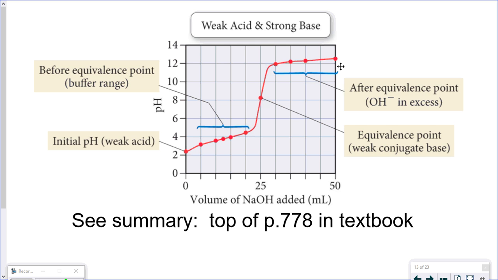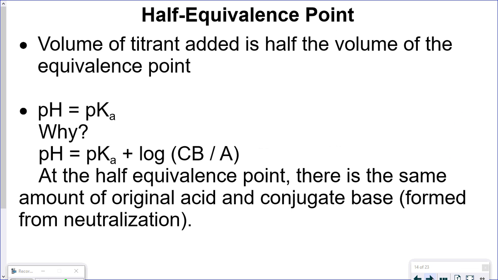And yet again, an explanation of this graph is on page 778 in your textbook. One thing that we can find from these graphs is our half equivalence point. This a lot of times can be used to determine what acid we're using.